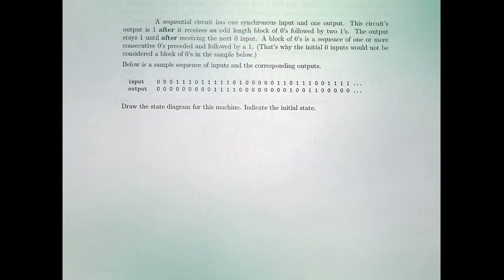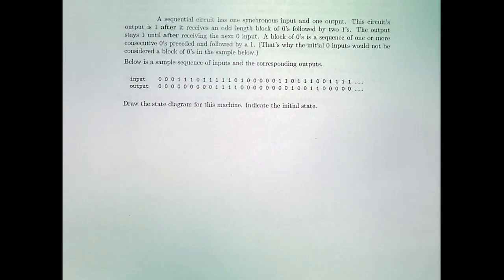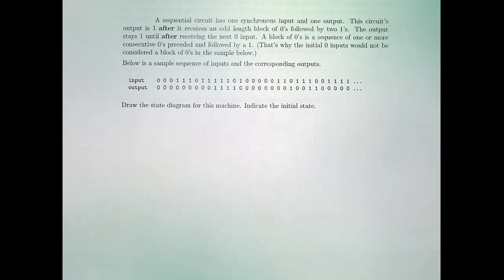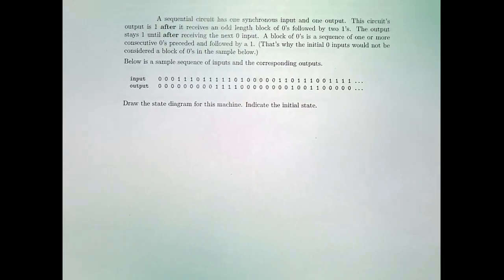Okay. So if you're designing a state machine to do various tasks, one of the tasks is to look for specific patterns in an input, right? And so here's a word problem. I thought we would work some of these in class, because there might be some on the homework and an upcoming midterm.